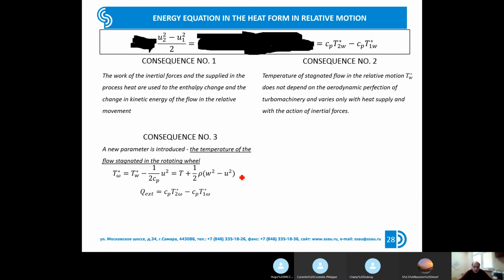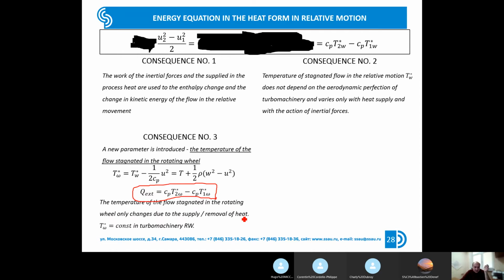You will see how to obtain this temperature, and if you put this new value inside the energy equation, heat form in relative motion, you receive such an equation. It means T_w* will change only if you supply external heat. In turbomachinery, we are not supplying external heat. That's why for the turbomachinery in the rotor wheel, the value of T_w* will be constant.